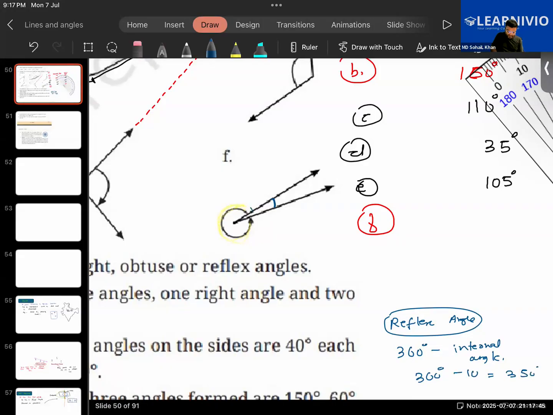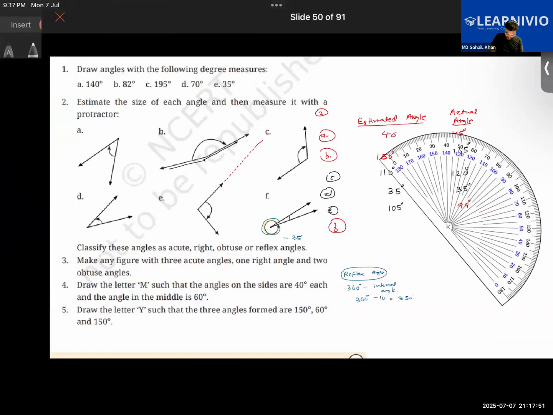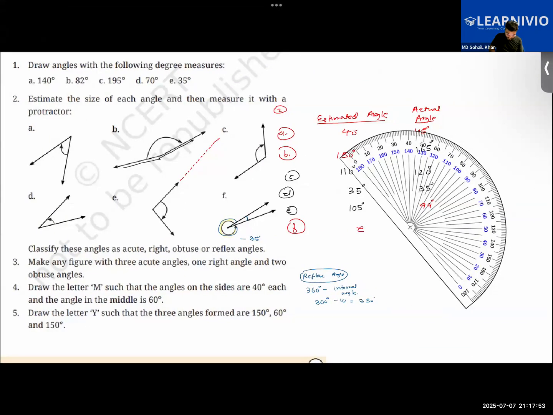So this one is 350 degrees. Hope it's clear to everyone. For angle F, we had made a guess of 10 degrees and we got the answer as 10 degrees. Now you can easily classify them as acute, obtuse, or reflex angle yourself. Sorry, my bad, 350 degrees, right?